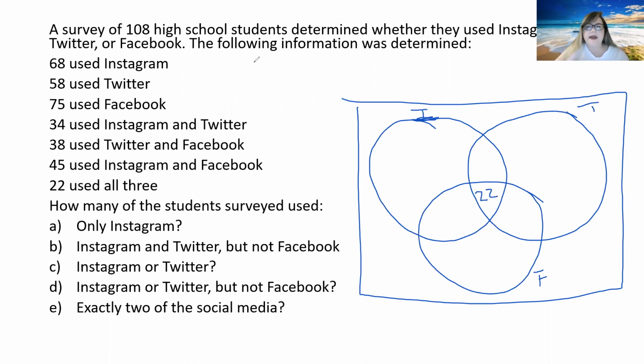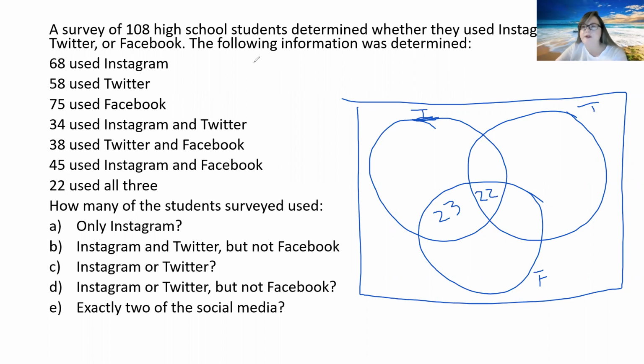Used Instagram and Facebook. So Instagram and Facebook would be the overlap of those two circles right here and here. Okay, so if I'm overlapping those two circles, we've already got 22 of them in that overlap. So 45 minus 22 would be 23 are left over here.